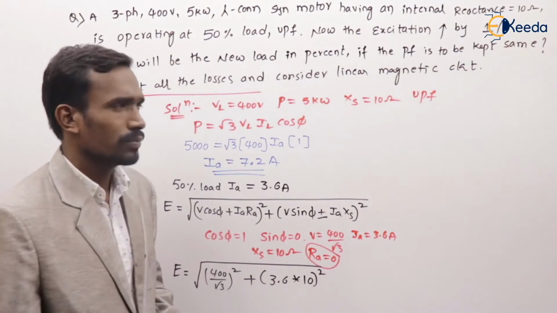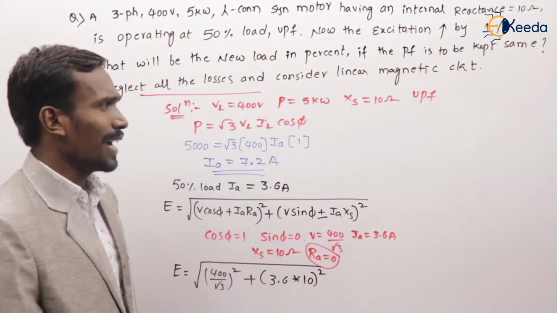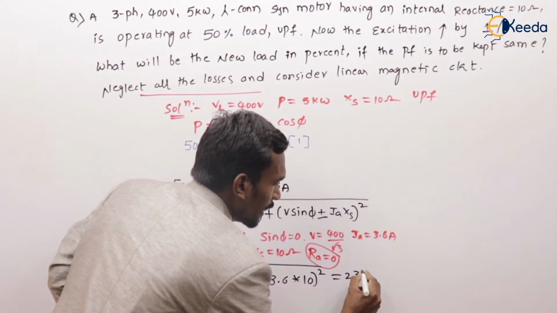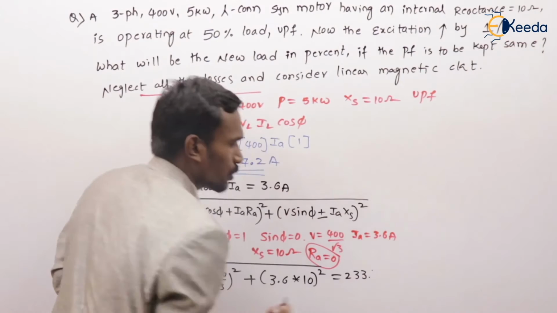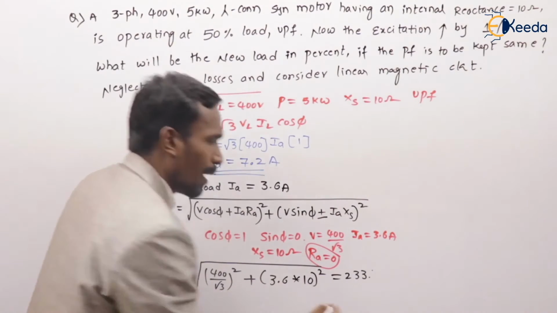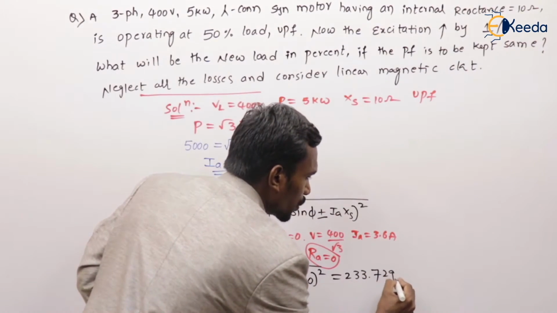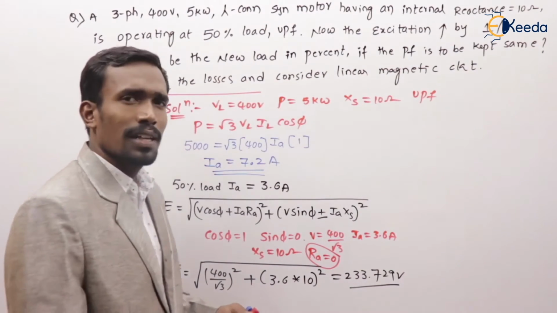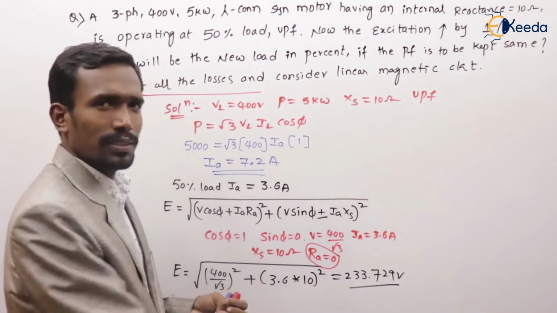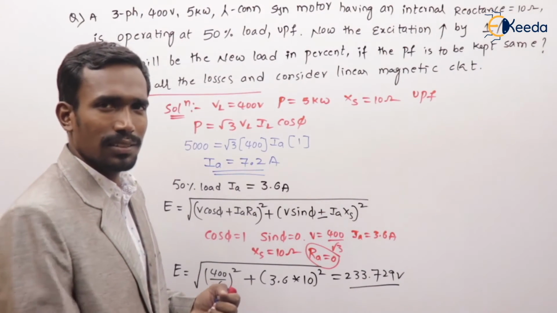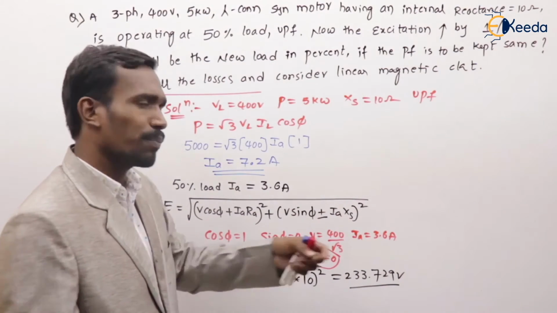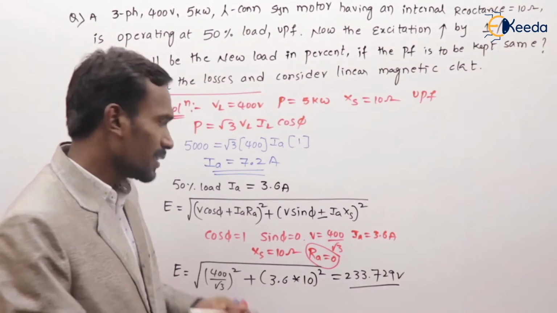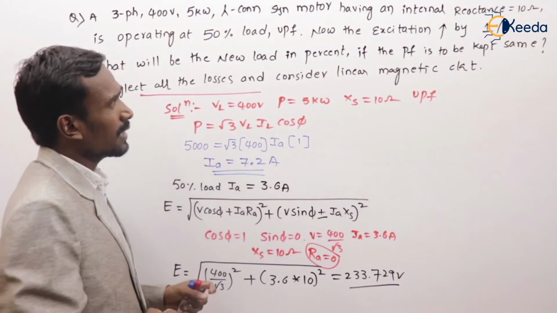If you calculate this value, you get 233.729 volts. This is the EMF produced here.